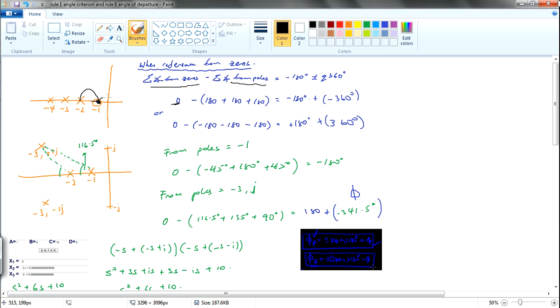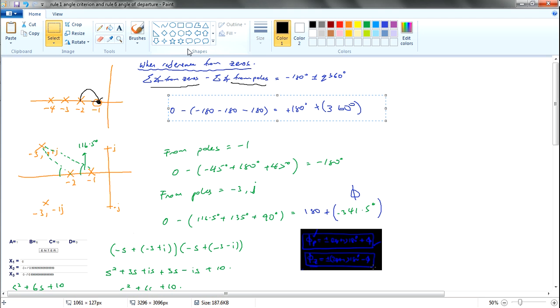So the angle from the poles itself, as you can see, is minus 180 degrees towards the zero. Okay, this is the point where you want to look at it.